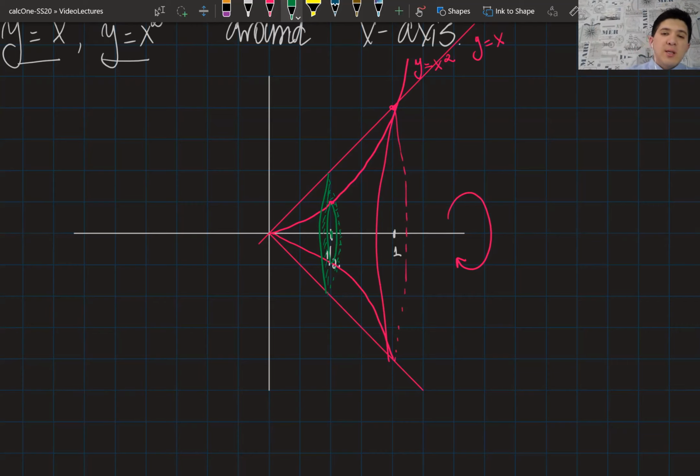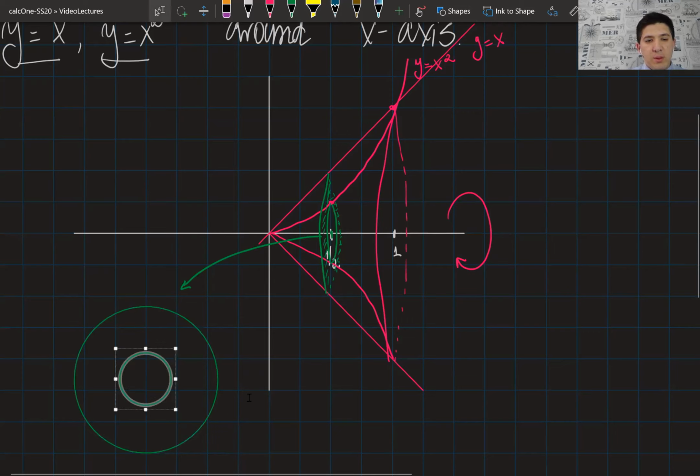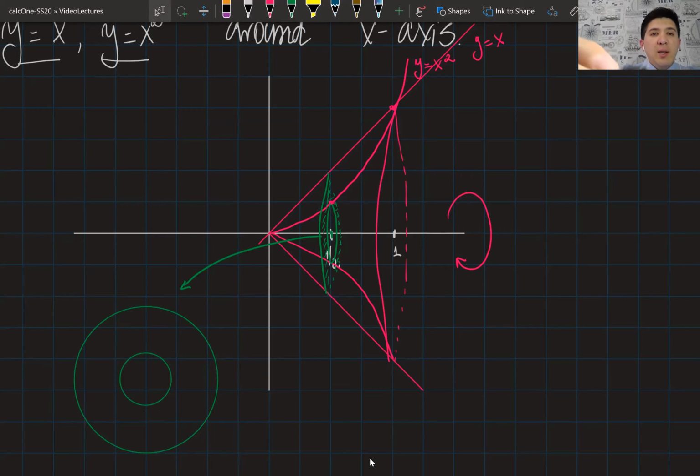So let's look at the slice in more detail. The slice is going to be a donut. So I've got a circle, and inside the circle I've got another circle. This is what we get whenever we create a slice, and we have to find the area of the slice. In order to do this, we need to know the outer radius.